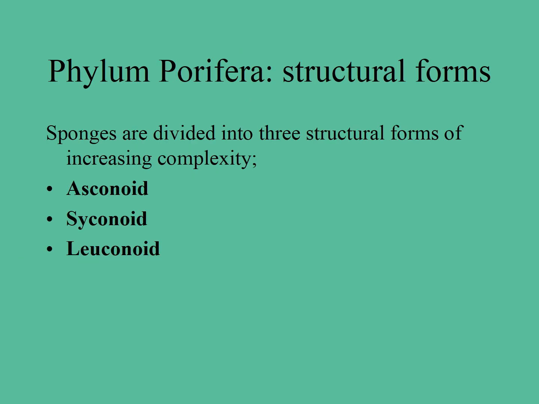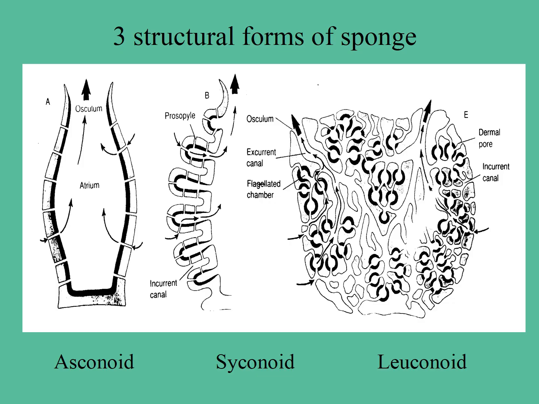All right, there are 3 structural forms. Asconoid is the simplest. Syconoid is a sort of medium one with a little bit of thickness to the body, and the leuconoid are the common ones that we generally know as sponges, which are the bigger sponges. Remember, we were only talking about 2 cell layers thick in this diagram: the choanoderm on the inside, the pinacoderm on the outside, and a little bit of a separating layer, the mesohyl, with the amoebocytes in there between them.